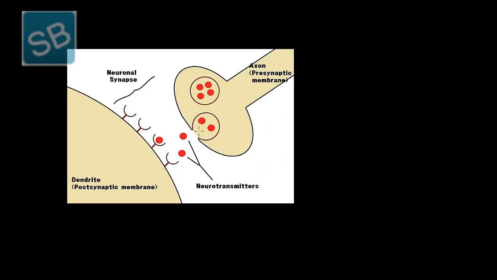Now, the neuron's axon, at its terminal end, possesses a swelled structure which consists of chemical substances called neurotransmitters. This swelled structure at the end of the axon is known as the synaptic knob.